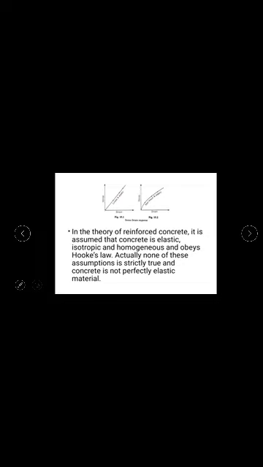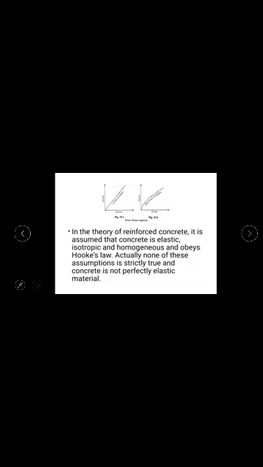As you can see in the diagram, there are two stress strain curves. One is linear, and another one is non-linear elastic. Generally the concept here is that reinforced concrete is assumed to be elastic, isotropic and homogeneous, and to obey Hooke's law.